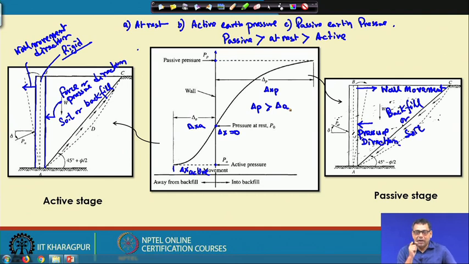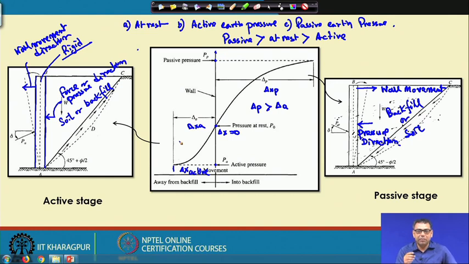So the active stage deformation is lower than the passive stage deformation. Away from the backfill is active, and towards the backfill is passive. Now these are the three pressures: active, at rest and passive.